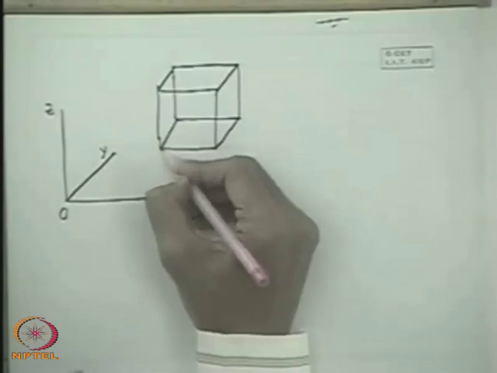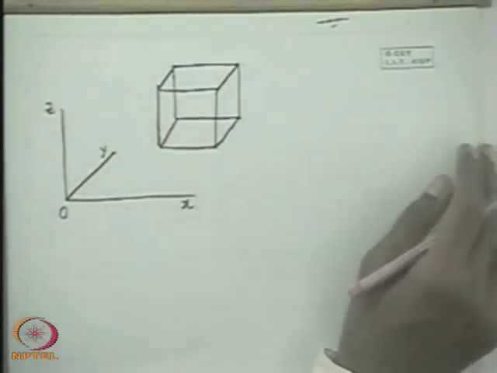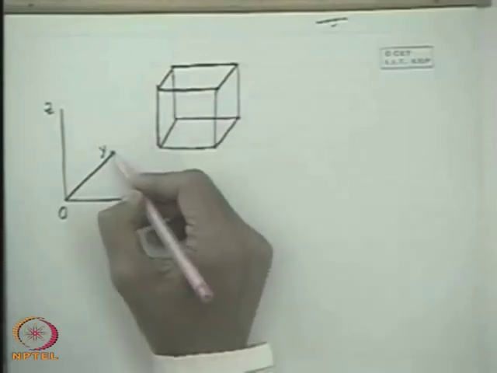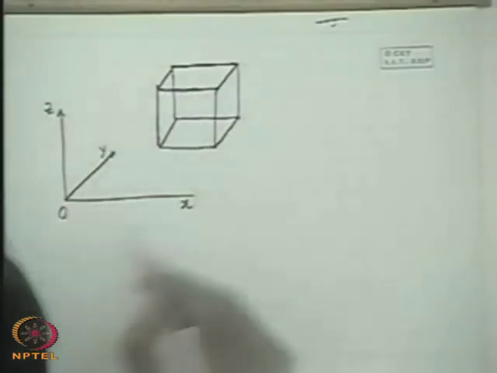Now, not a tank, let us consider a fluid body appropriate to the coordinate axis in a Cartesian coordinate system.